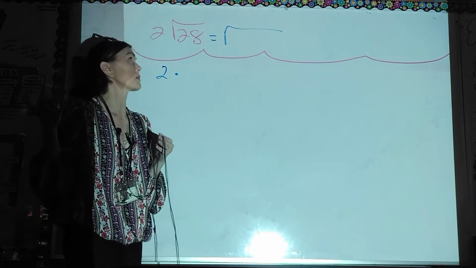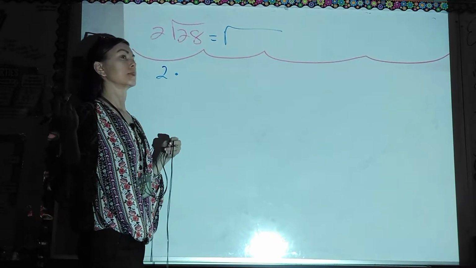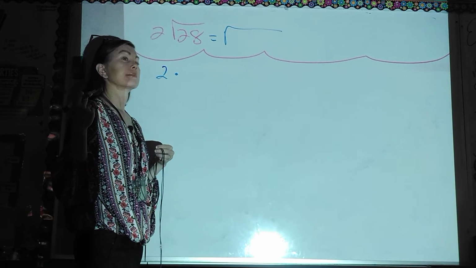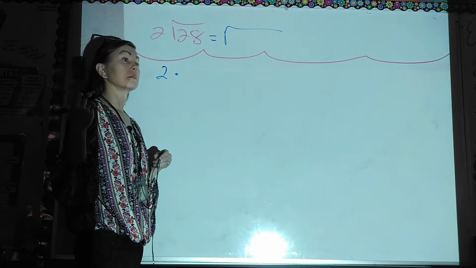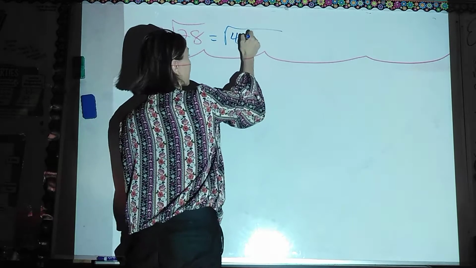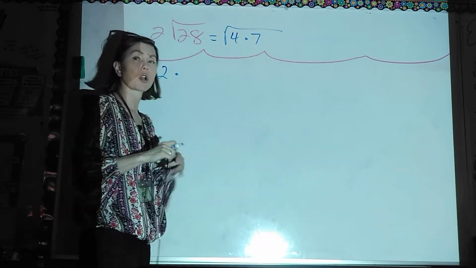So Josh, what times what gives you 28, and one of them has to be a perfect square? Multiples, yes? Yes, 4 times 7. Always put the perfect square first, then the leftover, right?